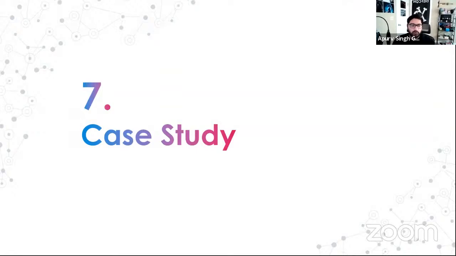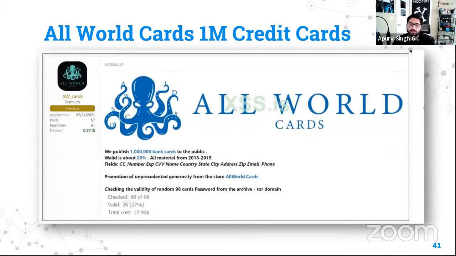Now, talking about a case study, we will go quickly through a really recent case study, which was about AllWorld Cards. There are many marketplaces, or dump shops we call them, or carding shops, that deal with credit cards that threat actors post for sale.